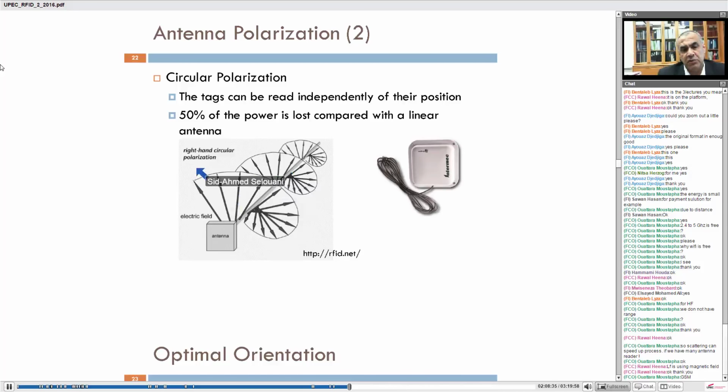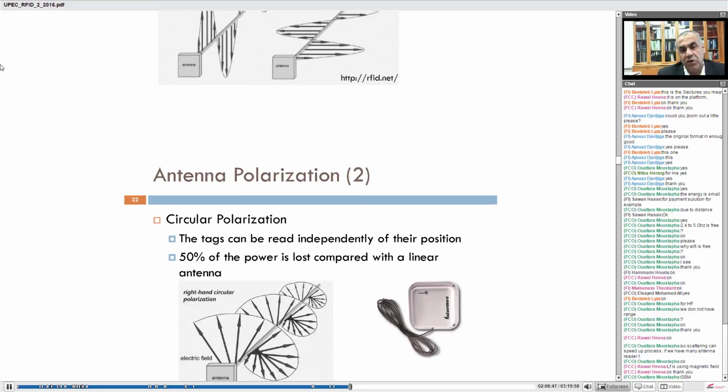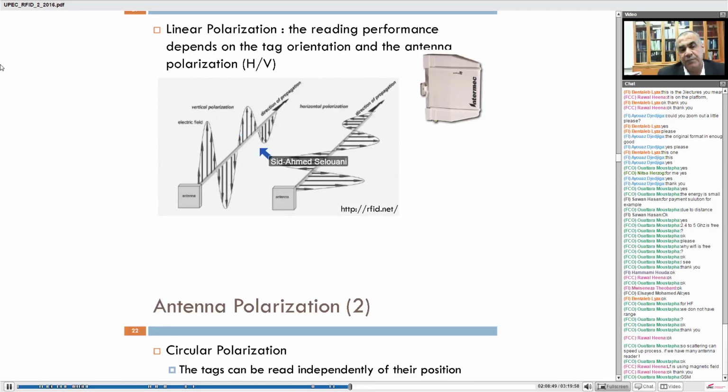Okay, circular polarization works this way. You have right hand and left hand circular polarization, two subcategories. With circular polarization, the tags can be read independently of their position.